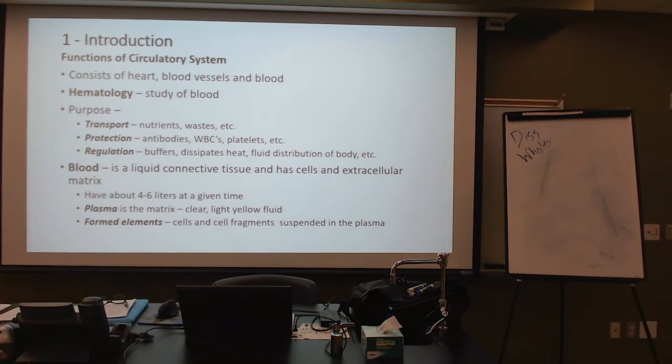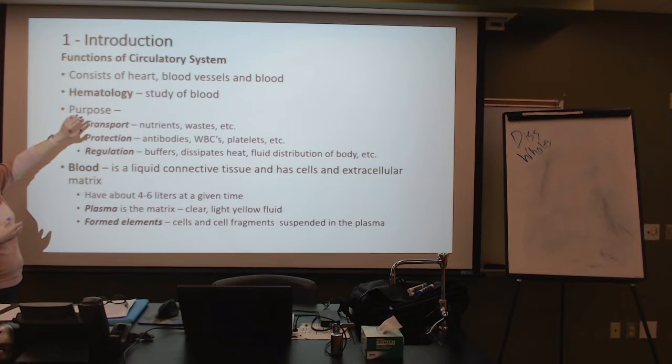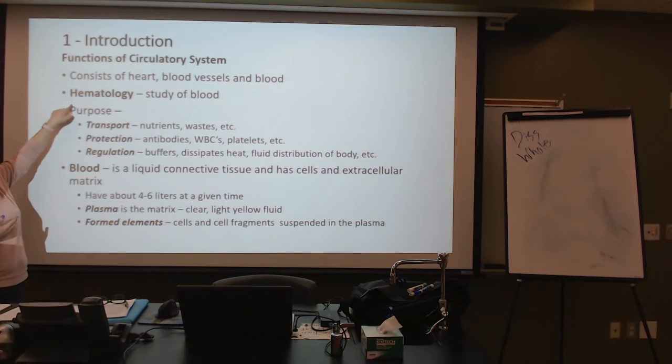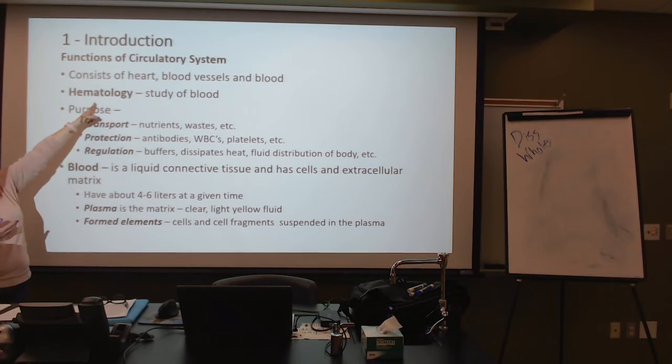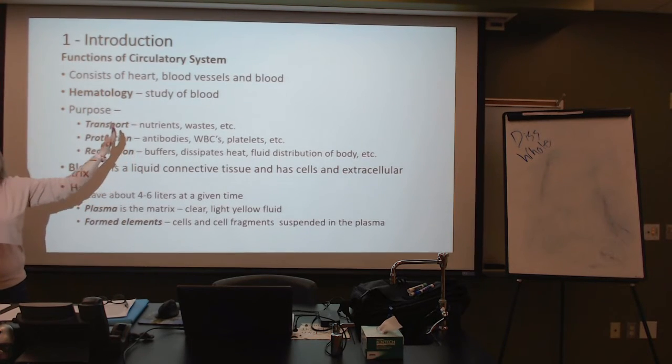So the functions of this system, we're going to see that it contains the heart, the blood vessels, the blood. We're going to have a chapter on each. The study of it is called hematology, huge area of science.